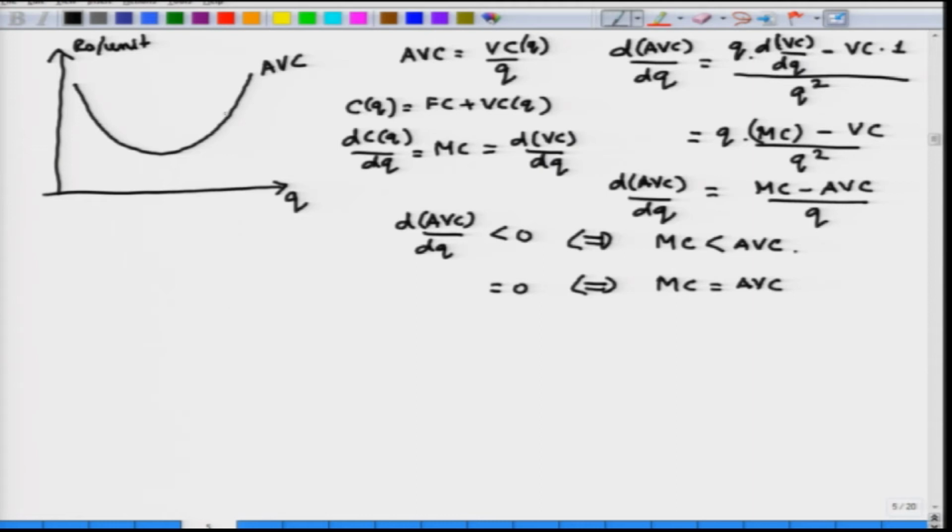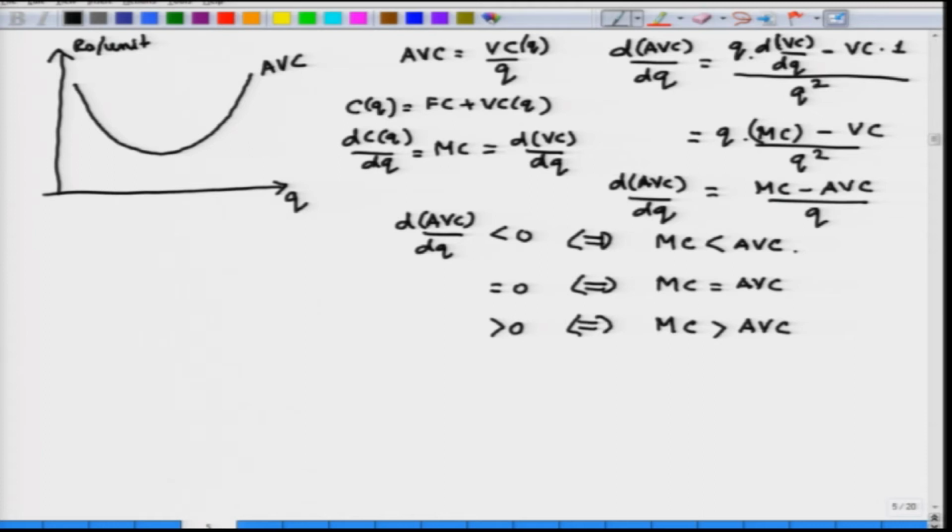And as I move further to the right, when the average variable cost curve is increasing, when dAVC/dQ is greater than 0, that implies that the term (MC minus AVC)/Q is positive, which implies that the marginal cost is greater than the average variable cost.